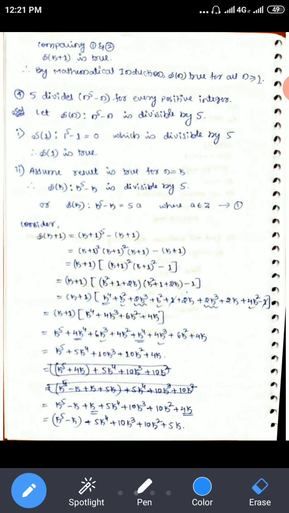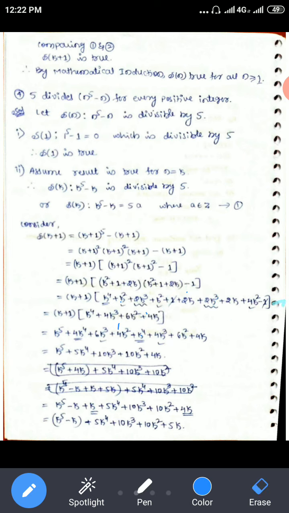So next, k plus 1 into this. Here, plus 1 and minus 1 will cancel. k raised to 4; k square plus k square plus 4k square is 6k square. k cube: 2k cube plus 2k cube is 4k cube. Next 2k plus 2k is 4k.